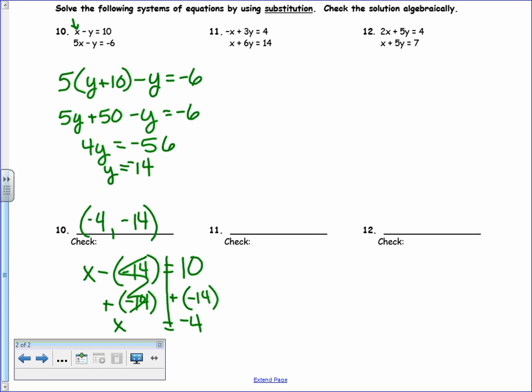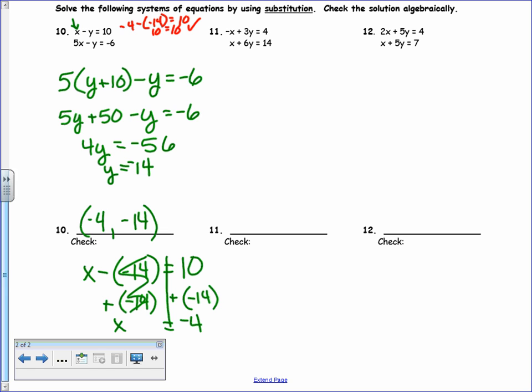Now, let's go ahead and check this. Starting up here with the first equation, I have -4 minus -14. Does that equal 10? -4 minus -14 is 10. So 10 equals 10.